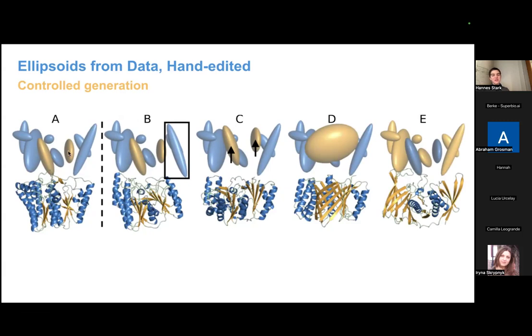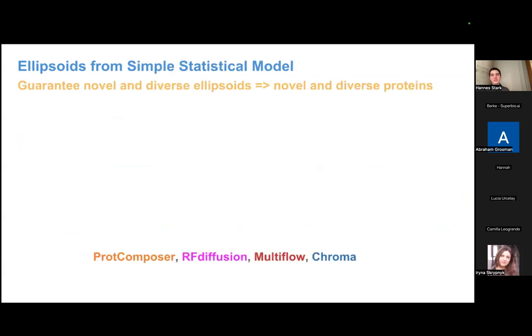Here, for example, we rotate this ellipsoid a little bit, and indeed, in the generated structure, the helix is rotated a little bit. We can translate these sheets a bit, and then indeed, the sheets are further up than they were otherwise. We can change the ellipsoids, or we can invert their secondary structure type and do things like that.